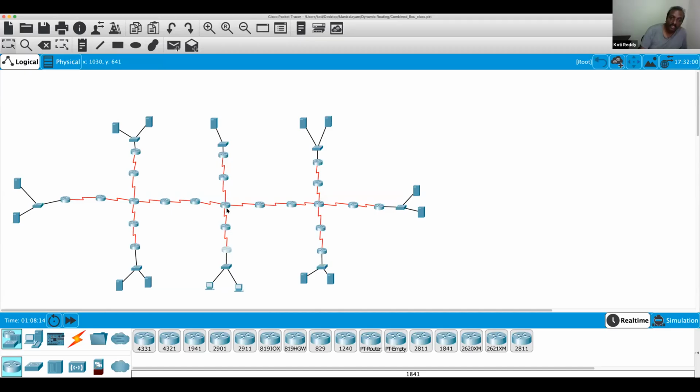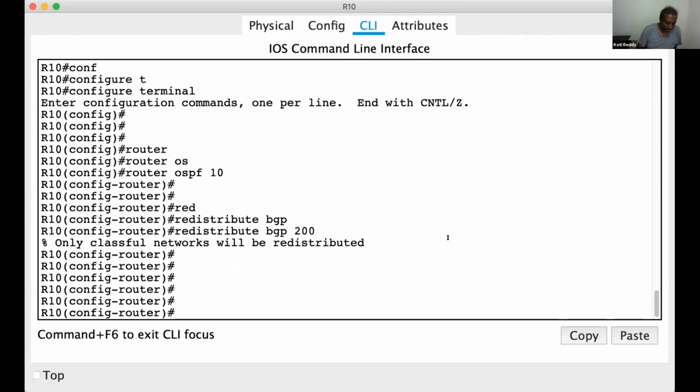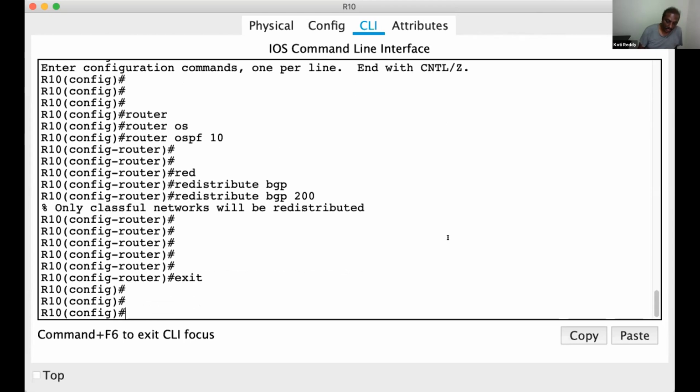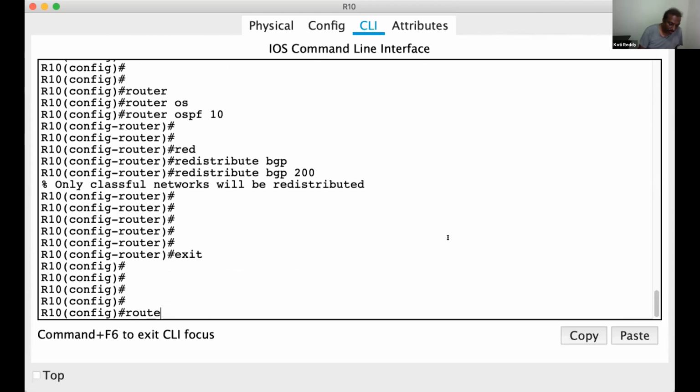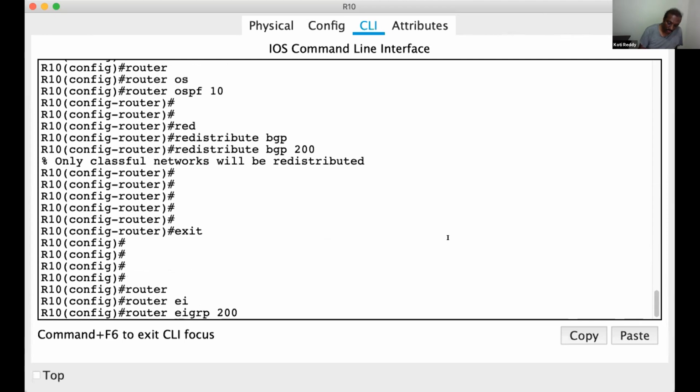I go to R10. So in R10, I say exit. Now I go to router EIGRP 200.